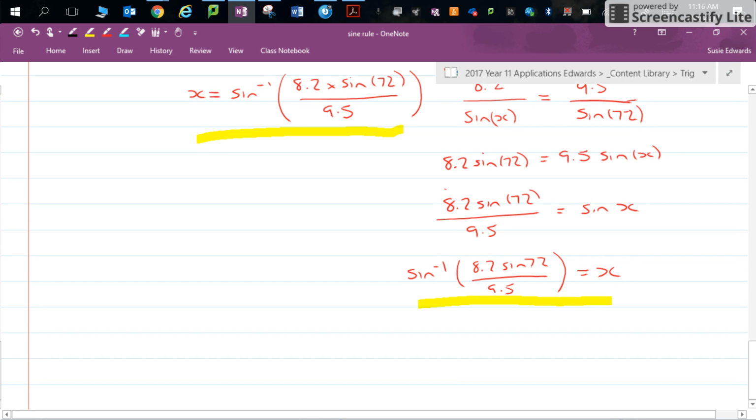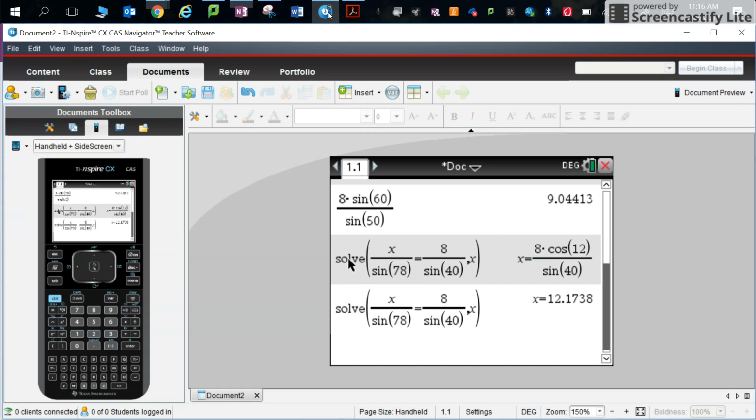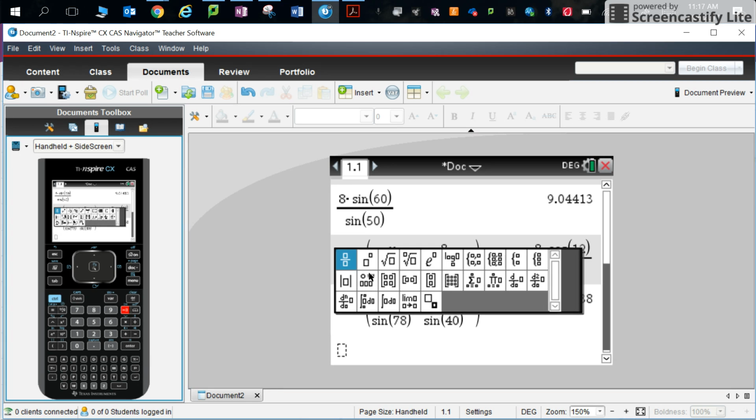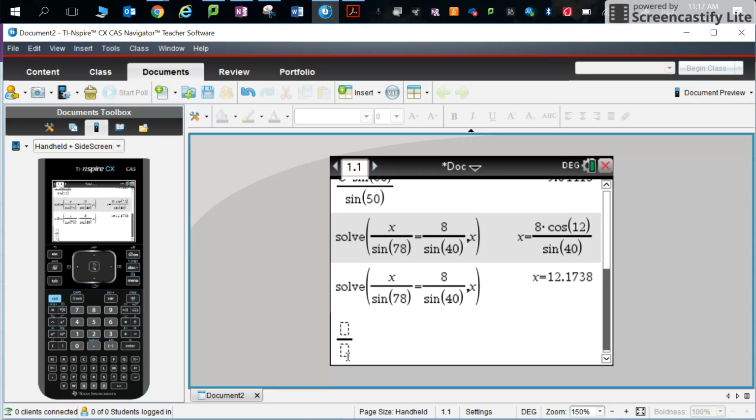So we then put that into our calculator. It's up to you whether you want to use solve or whether you want to just write it in. It's probably easier just to write it in for this. I'm going to use the fraction button again because I find it a lot easier. So 8.2 times sine 72 over 9.5.